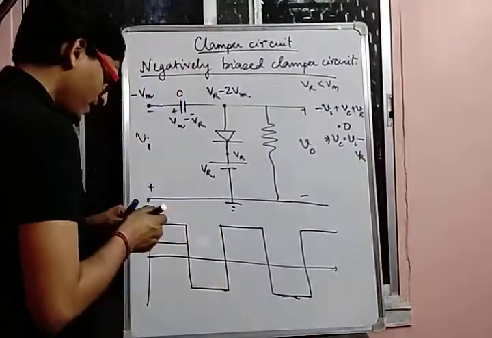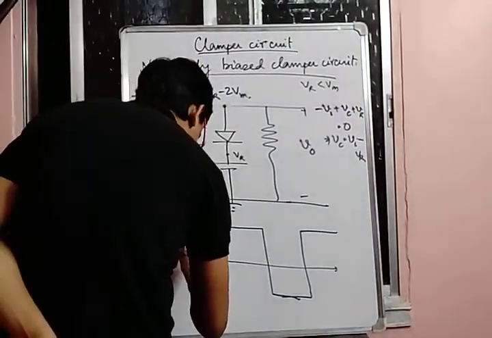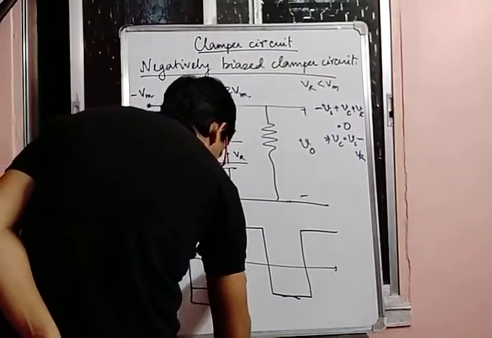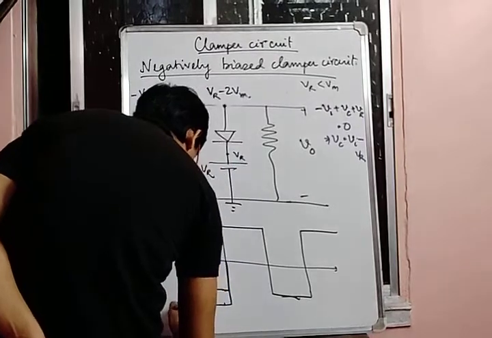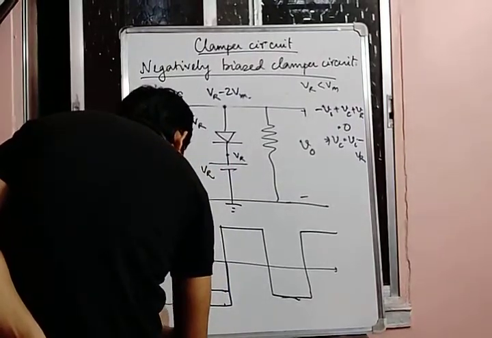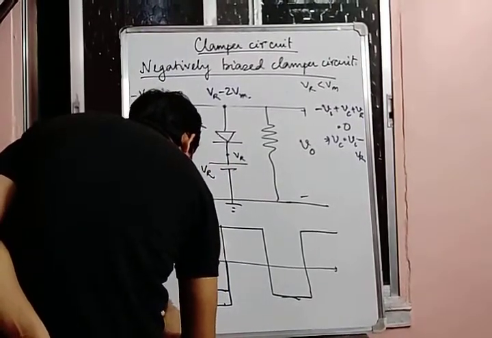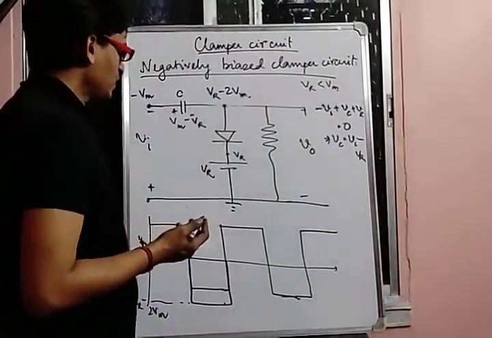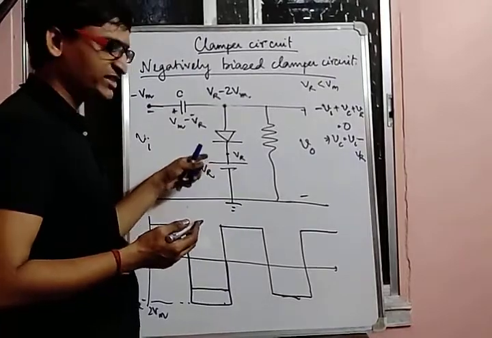So how will your output vary? The output voltage will be simply equal to Vr minus twice of Vm. Okay, now again at the positive half cycle, what will happen? All the voltage will cancel out each other.